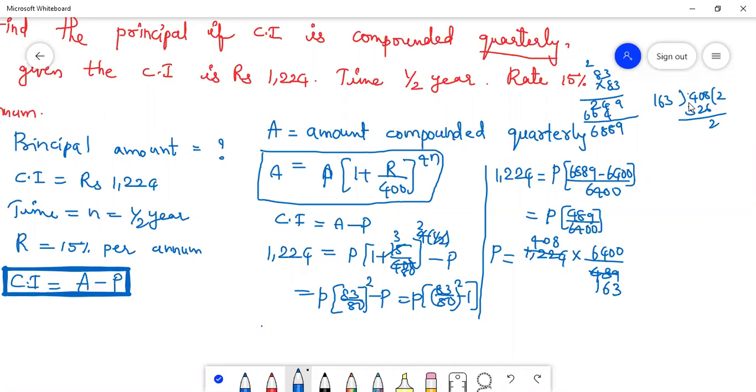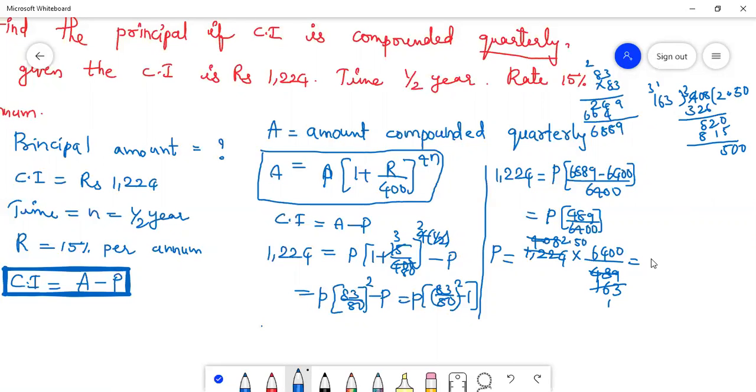Subtract, 82. Put the point and 0. 5 8s are 40, 5 3s are 15, 1 is the carry. 5 6s are 30, 31. Subtract 5, again put 0. Then it becomes 0. That is nothing but 163.